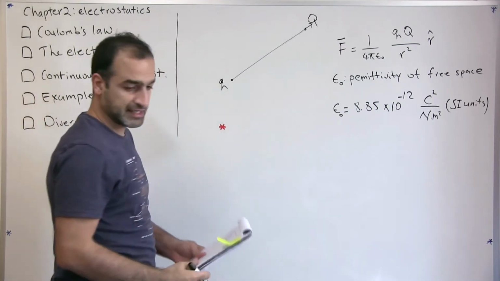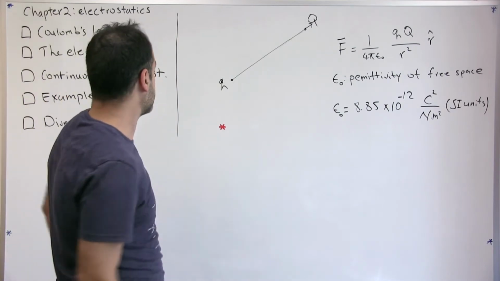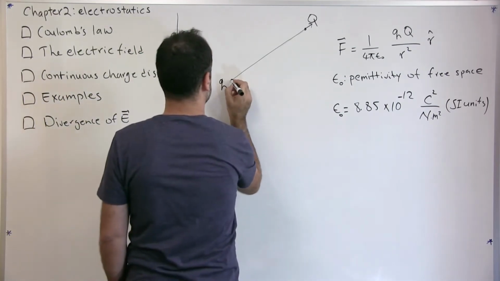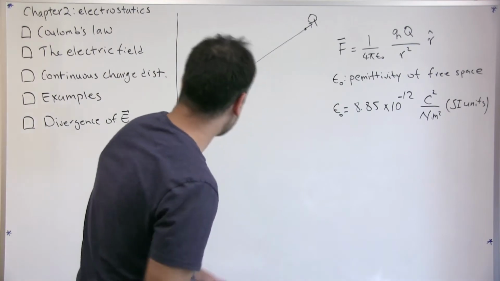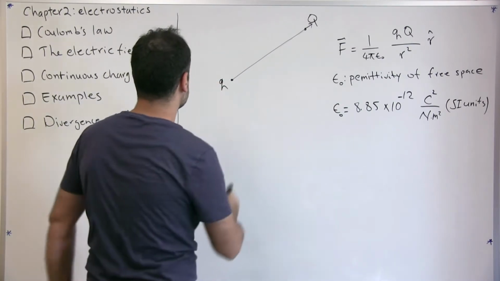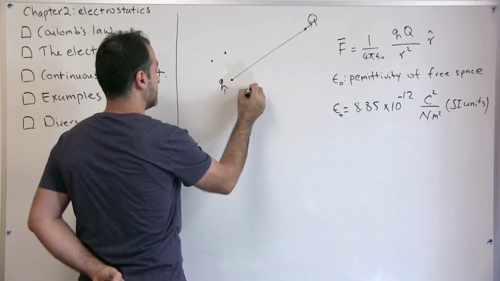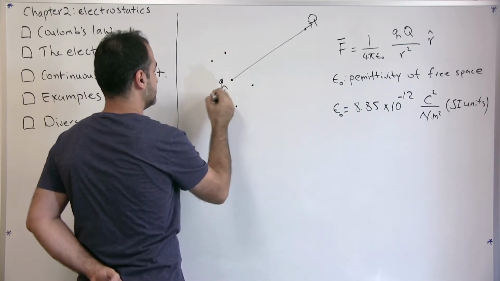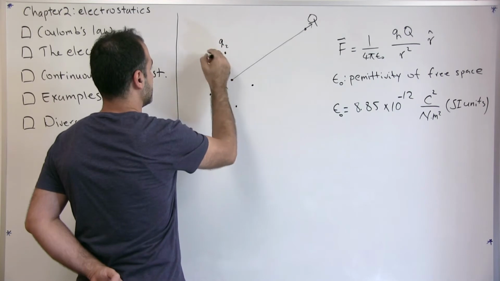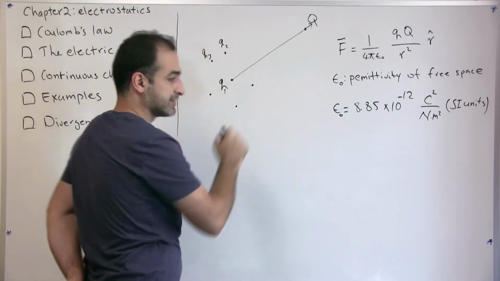And now let's imagine we have more than two charges. Let's say we have a distribution of point charges here, and I'm going to call this one Q1, and we have more charges here as well, Q2, Q3, and so on.